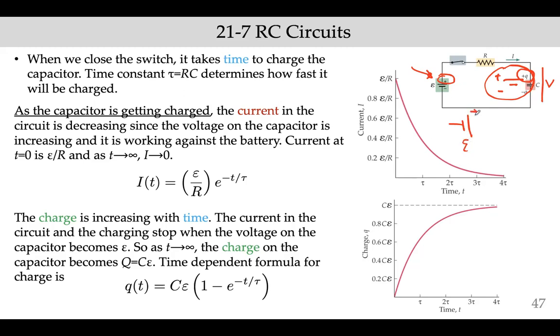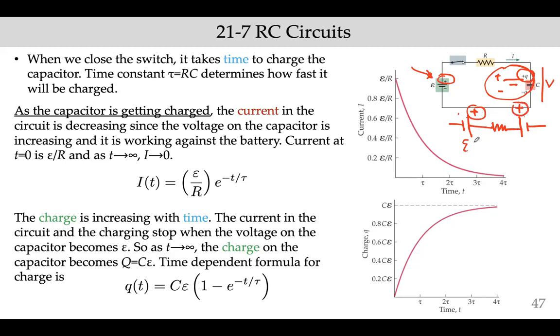This is our real battery here. And there's this resistance here. And the capacitor, so it's like a battery. You can think of it as a battery. It's connected like this. This is the capacitor. So you can see that the capacitor and the battery polarities are working against each other.